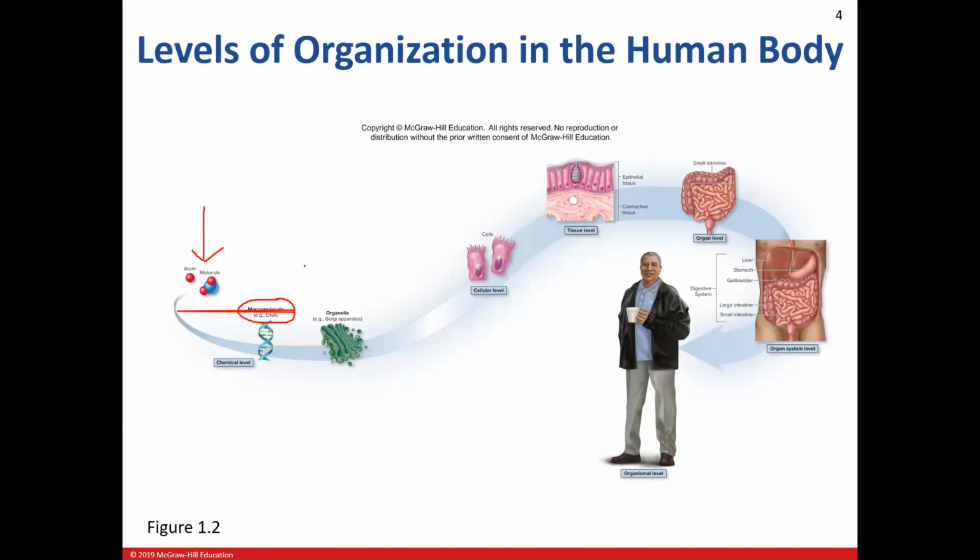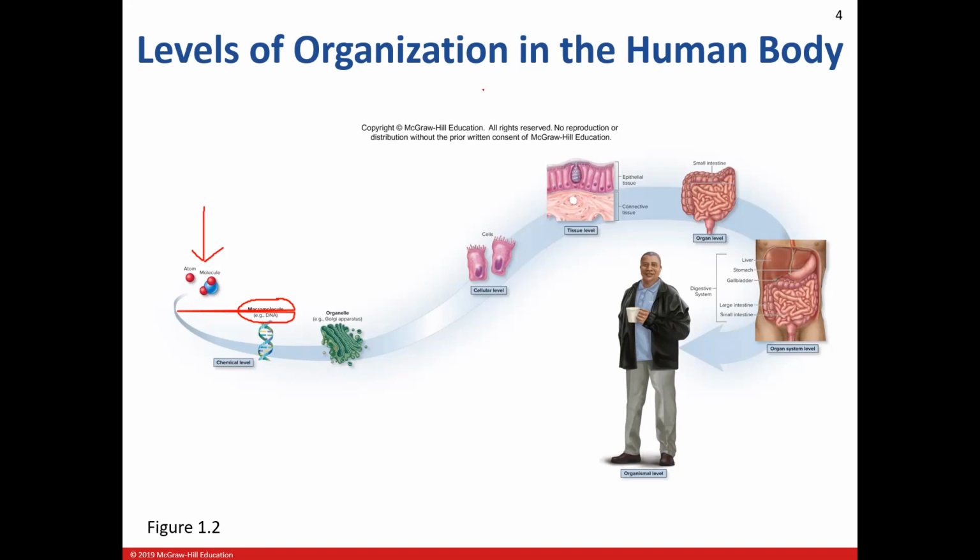Then we get into the organelles, which are tiny little structures inside of our cells. Your cell, like your body, has little structures inside that help with certain cell processes, and we call some of those structures organelles.